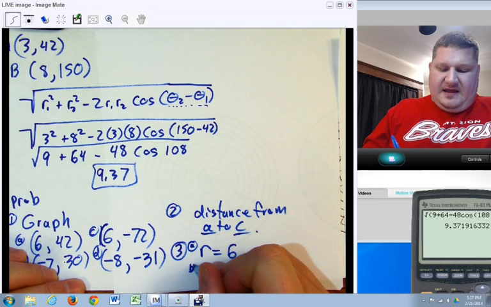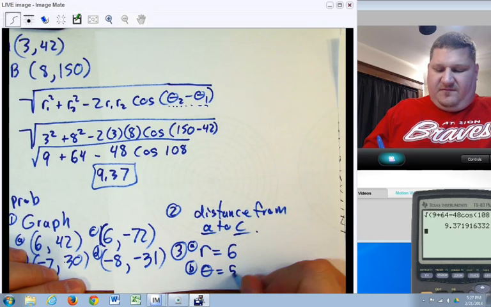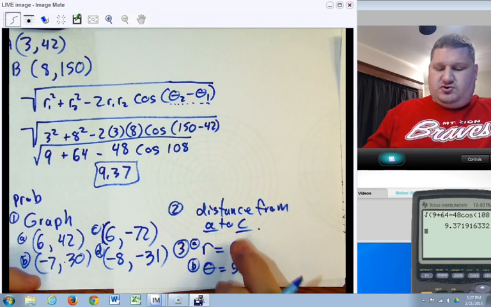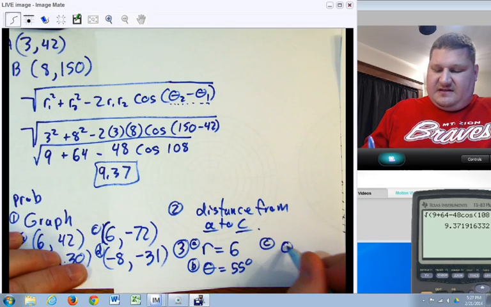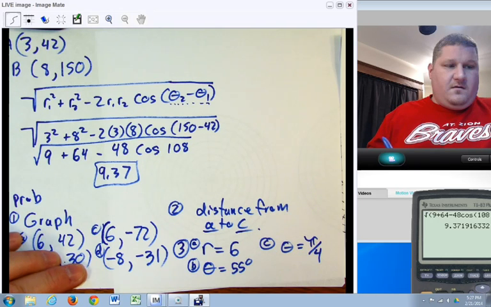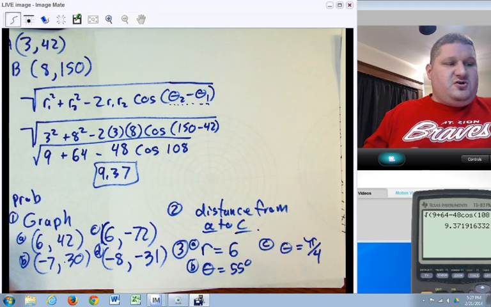And B, the other case, is theta equals 55 degrees. Both of those graphs can be graphed. Now, if we wanted to go another way, we could say theta equals pi over 4. That would also be something that you can graph for homework. Those are your homework problems. Make sure you pause, write them down.